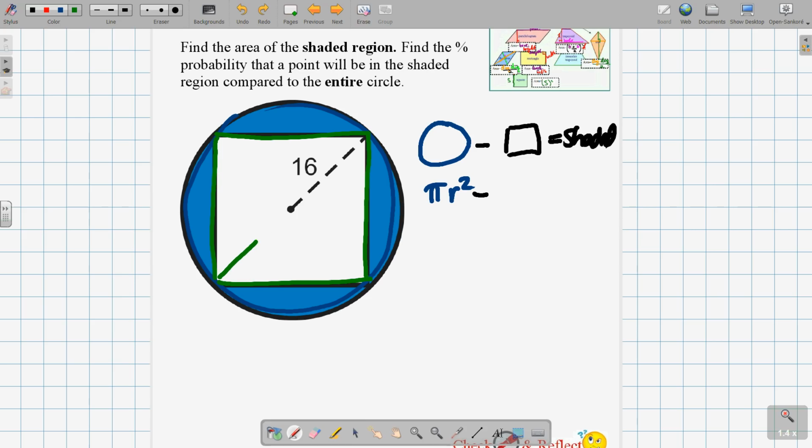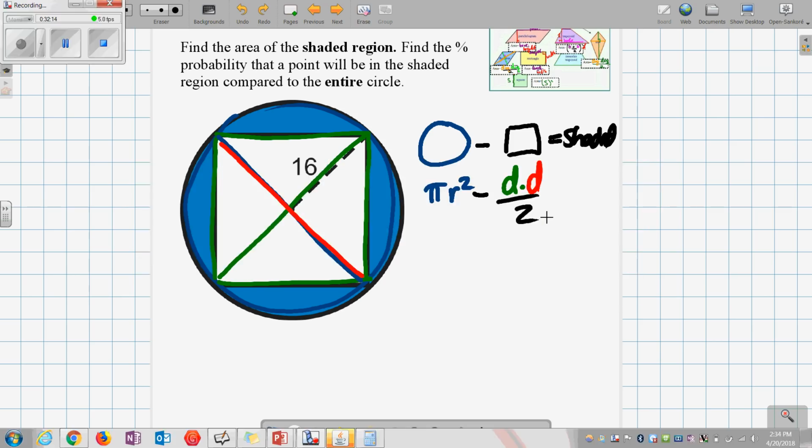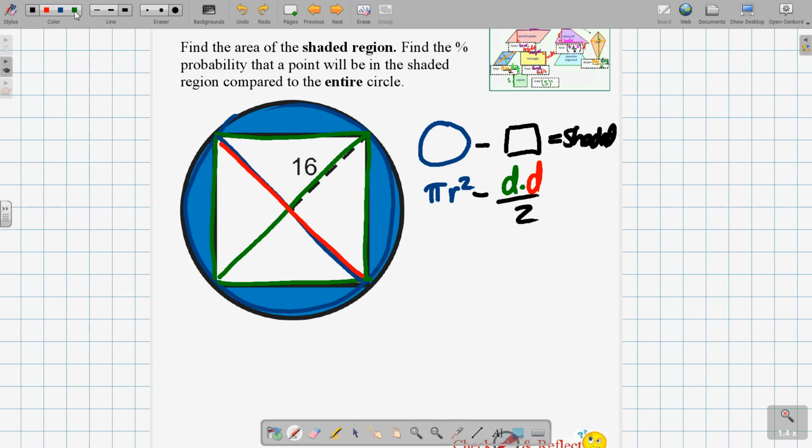So a rhombus is going to be diagonal times diagonal over 2. So we have our circle and our square here. We find the area of the circle, and we're going to minus the area of our square, and that'll give us our shaded region.